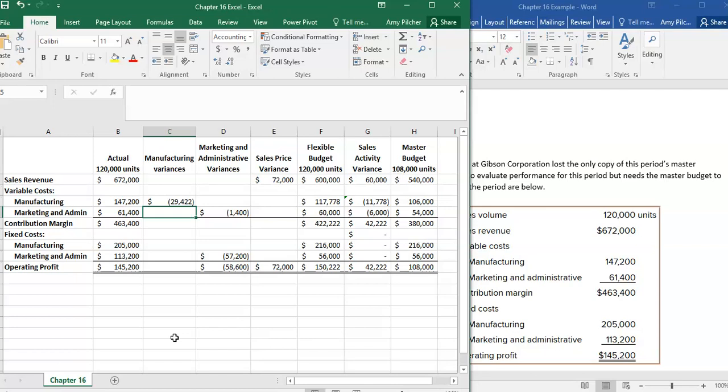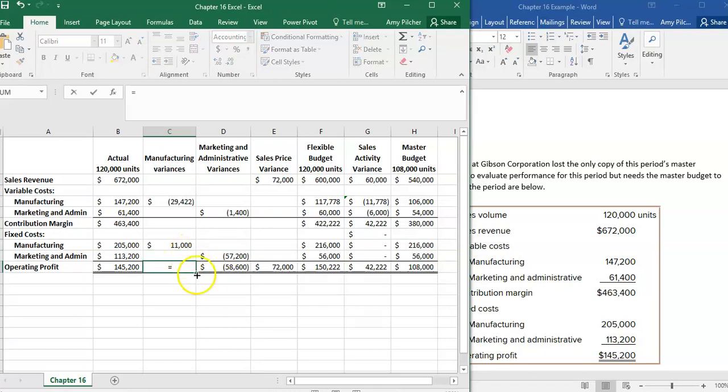We spent more than our flexible budget. And our fixed manufacturing costs, we have an $11,000 favorable variance in our manufacturing fixed amount.